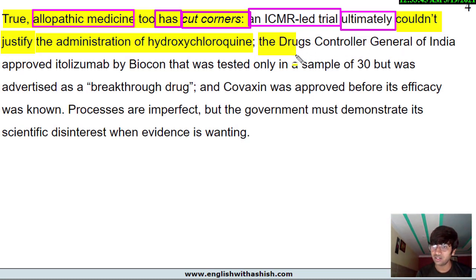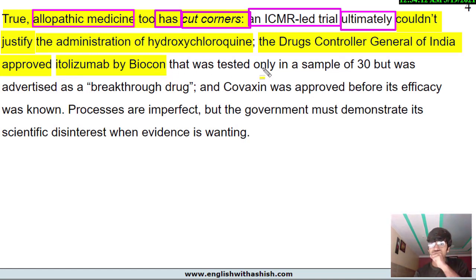Subject, the Drugs Controller General of India. Verb, approved. Approved what? Itolizumab by Biocon. This is again a drug made by this company. So the Drugs Controller General of India approved what? Itolizumab by Biocon, that was tested only in a sample of 30.